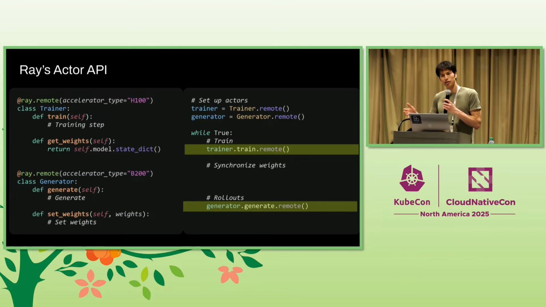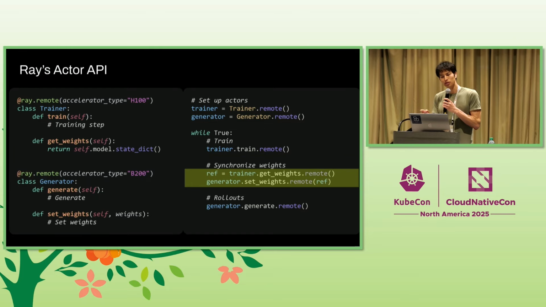And within each of these methods, they might be calling a bunch more methods on a bunch of other actors, right? So there's a lot of stuff hidden under the hood there, or a lot of application logic that can exist. And then in between, I need to move the weights from the trainer to the generator. And I do that by calling get weights on the trainer and then passing that into set weights.remote on the generator.